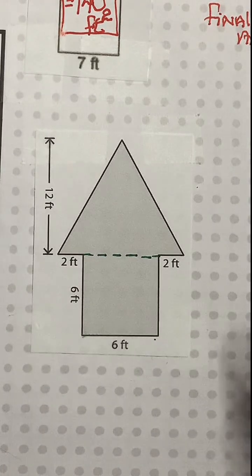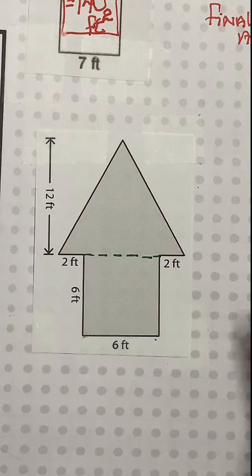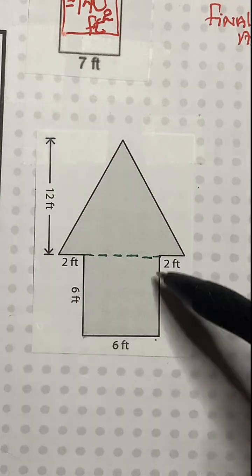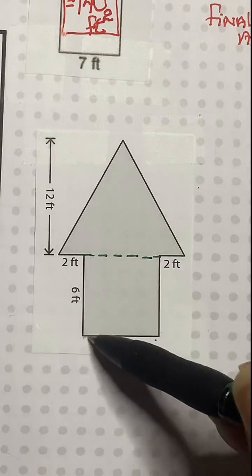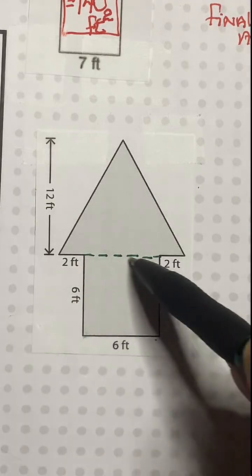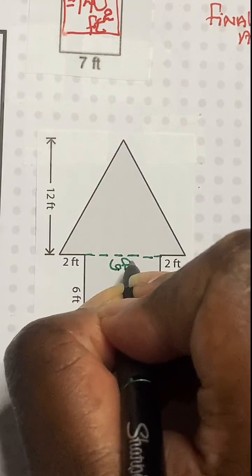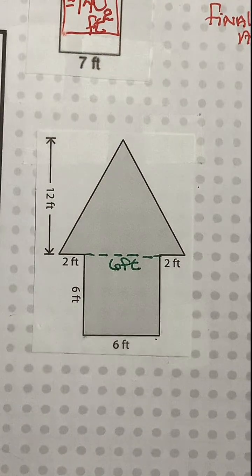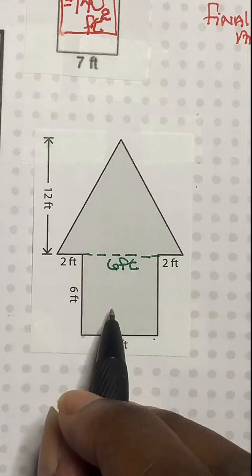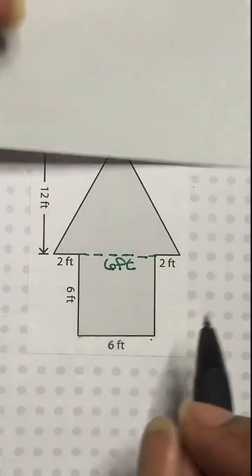So you guys are correct. That is a square, because if this side is 6, that means this side is 6, and if this side is 6, this side is 6. Let me write this 6 feet right here because we're going to need that a little later, so we can find the area of this base. Let me cover up the top.